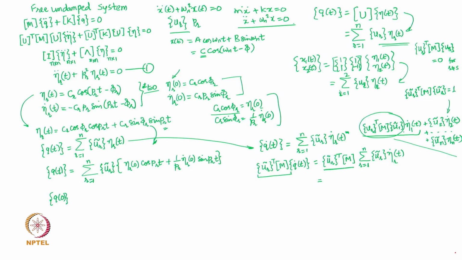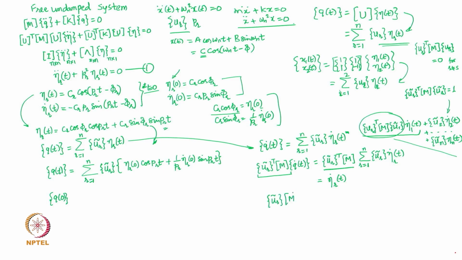So ultimately this entire series on the right hand side, pre-multiplied by ur transpose m, would eventually turn out to be eta r dot t, because only one term will be non-zero and that term will be equal to 1. So what you are left with is only eta r dot t.